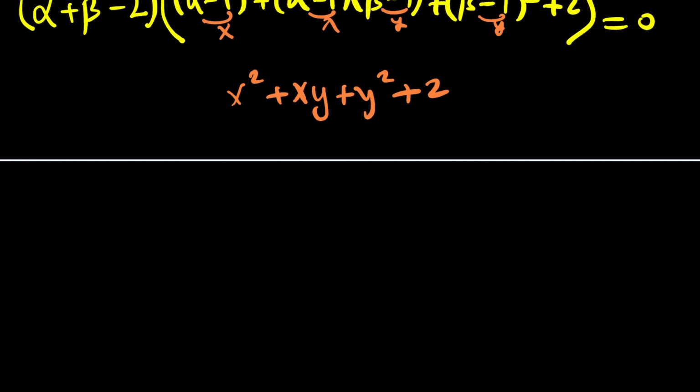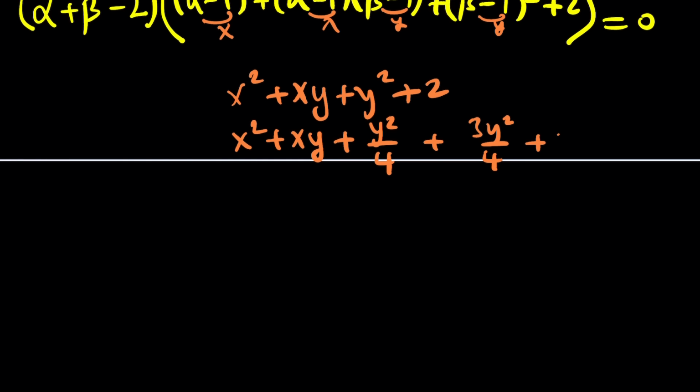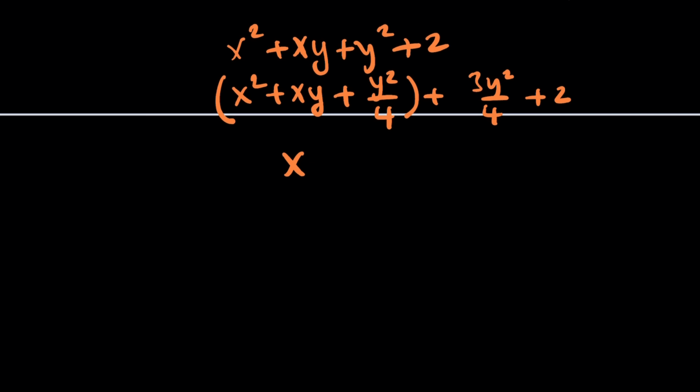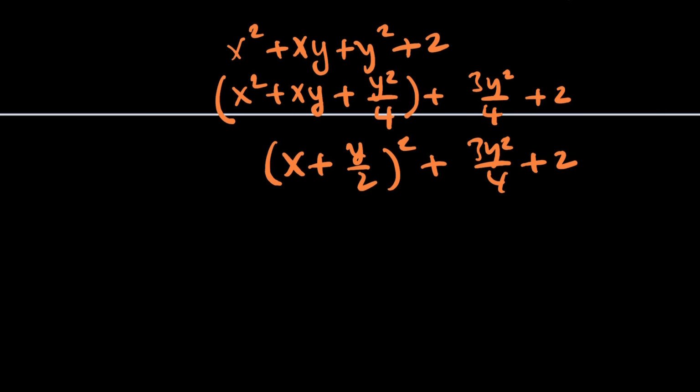Let me show you why. If you go ahead and write this as follows, this is really, really cool. This is x plus half of y squared, and this is 3y squared over 4 plus 2. Notice that this is a non-negative quantity, and this is a positive quantity.